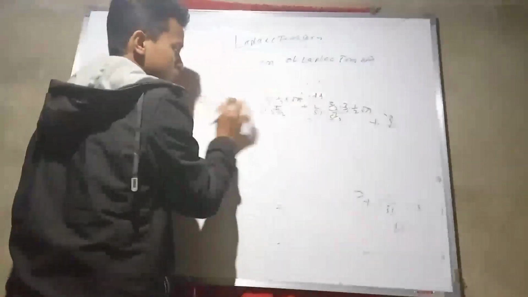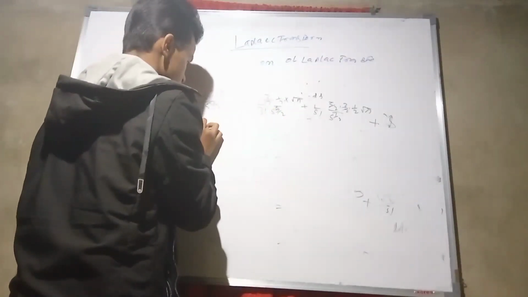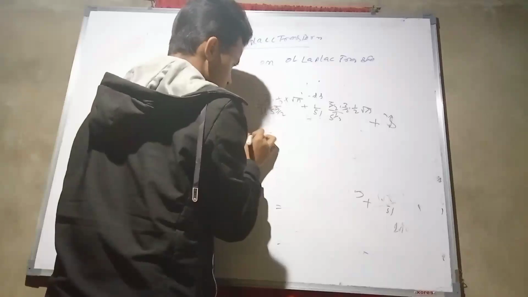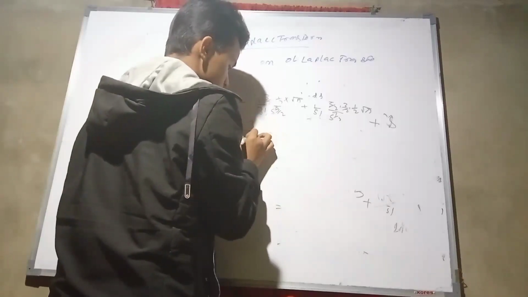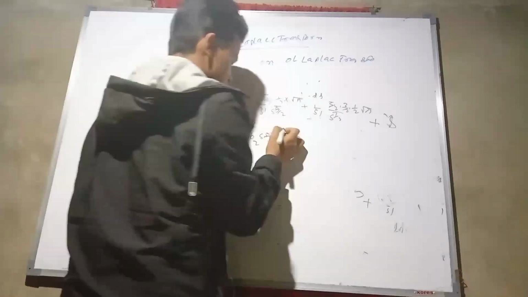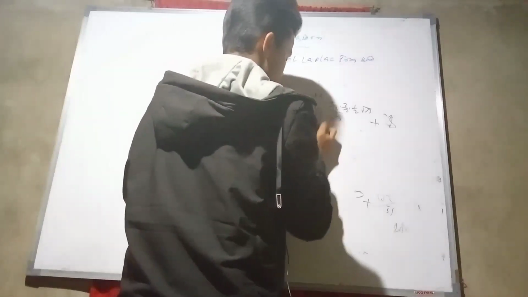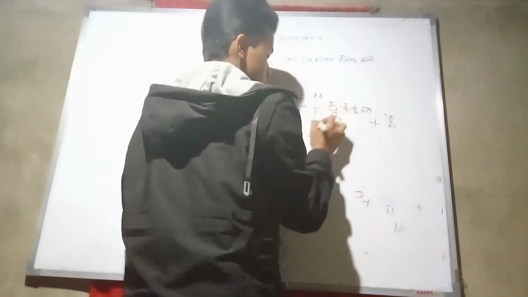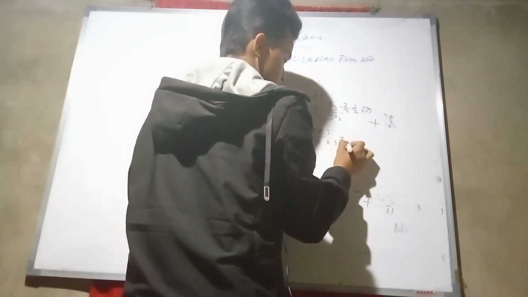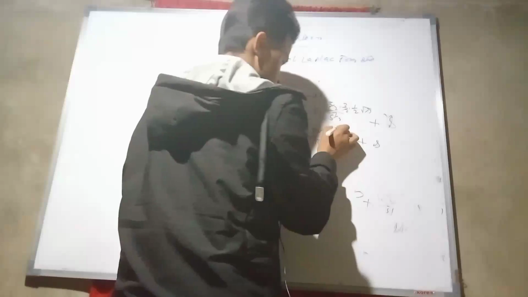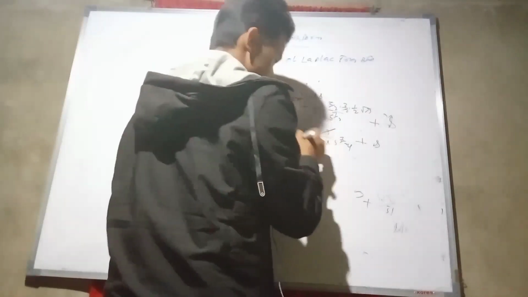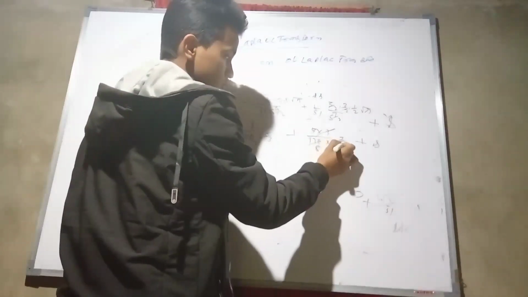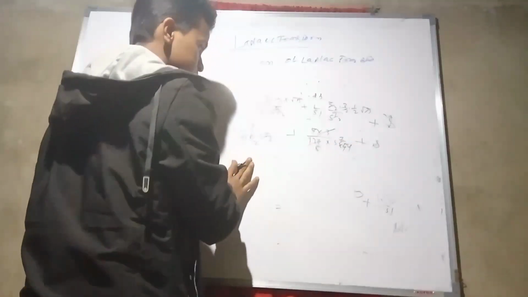Plus so on. When we take the common factors outside, 3 factorial is 6, and the 3 into 2 cancel. Similarly 5 factorial is 120, and 5 into 3 is 15.